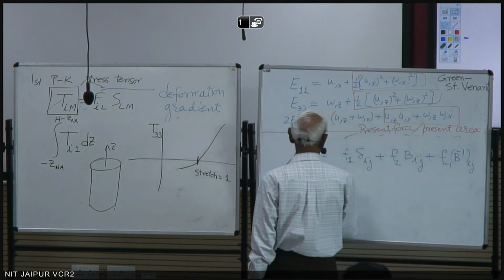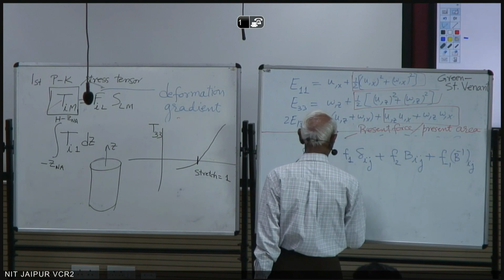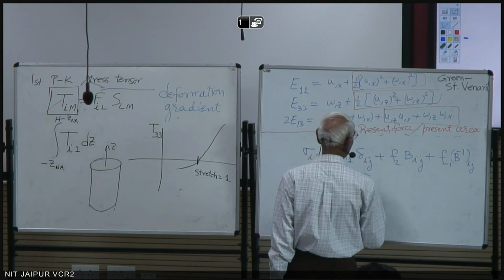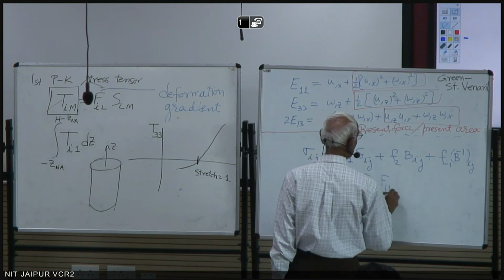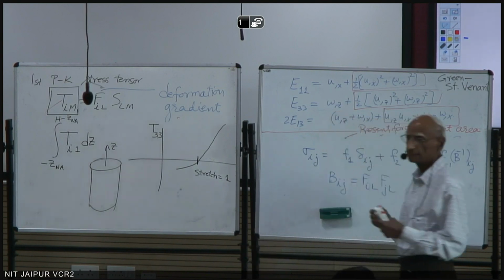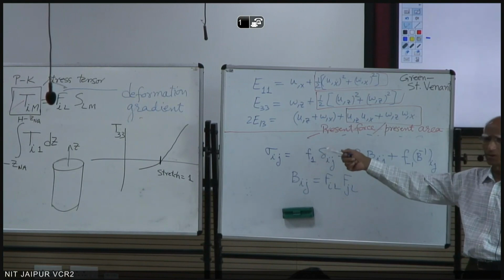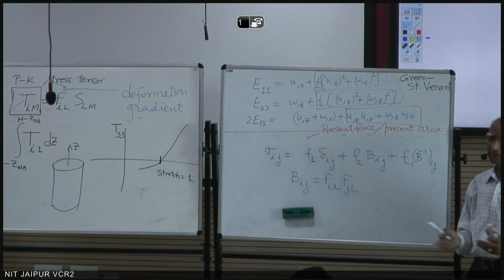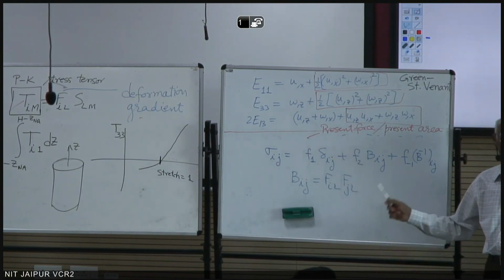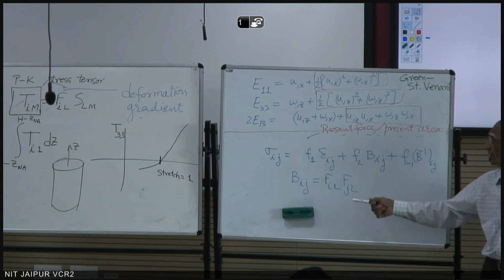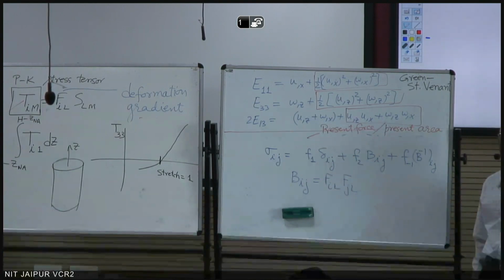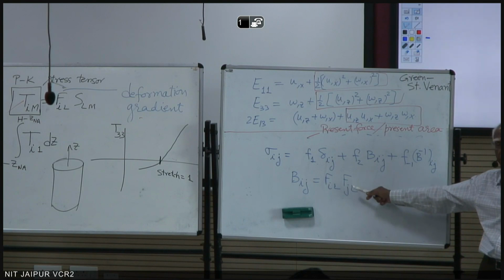So b here, this f was the deformation gradient we wrote, but f was the deformation gradient. So this b is derived from the deformation gradient.